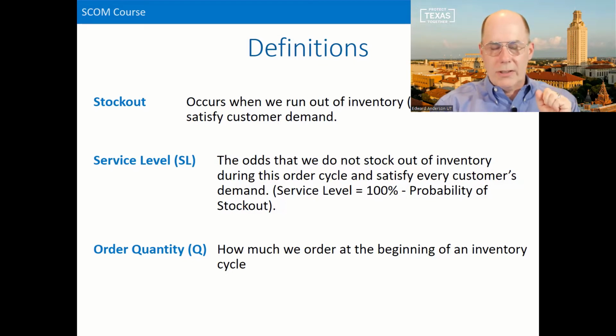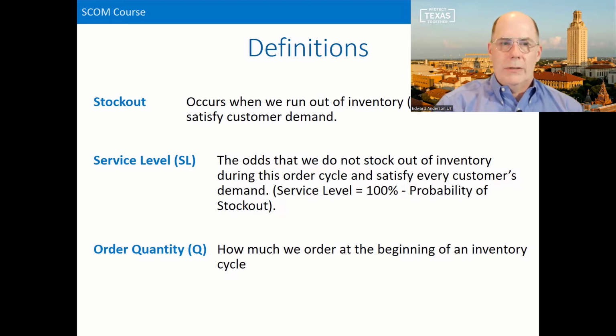The service level is the odds or the probability that we do not stock out. That is, we satisfy every customer who comes in the door. And if you think of it that way, if we have a 70% service level, that means that we have a 70% chance of satisfying everybody who comes into our location.